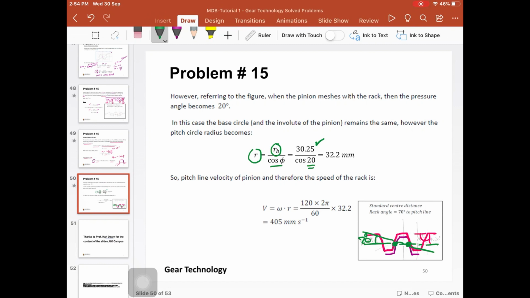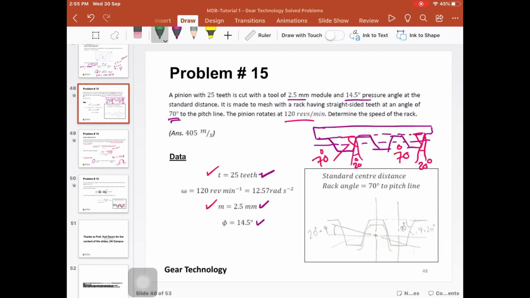The new pressure angle, it is new in the sense that it is based on the arrangement here. It is 20, but the 14.5 pressure angle, the one that was given in the problem, is based on the pinion itself.